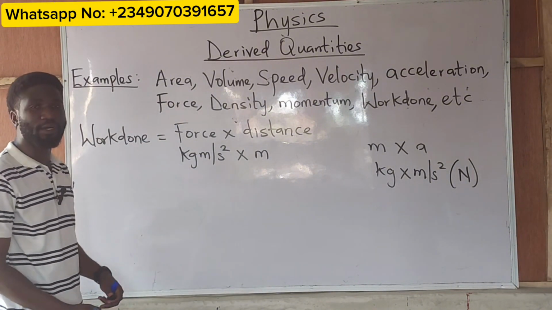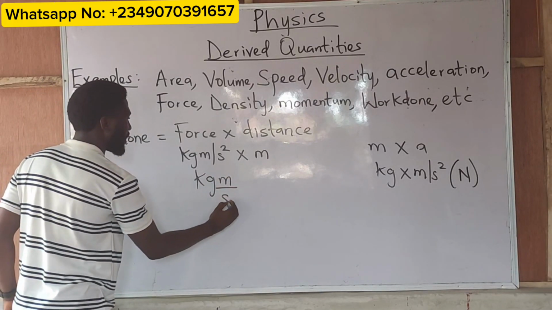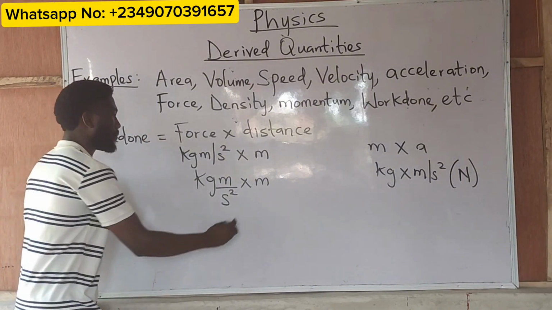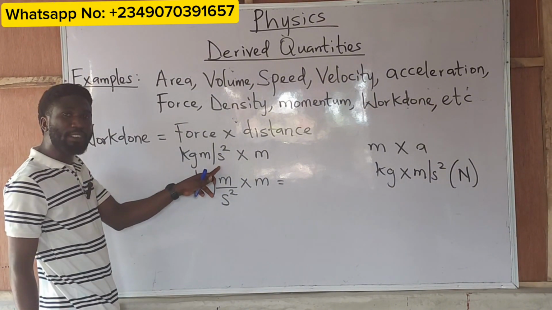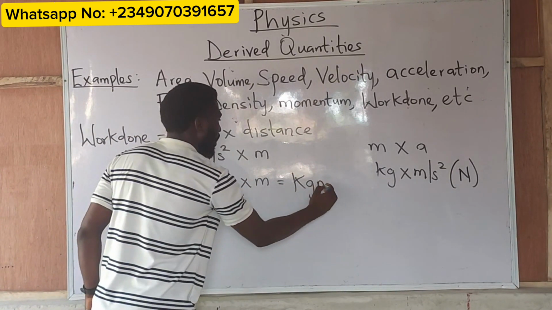So let's work this out. I can have kilogram meter per second square multiplied by meter. So let's multiply kilogram multiplied by meter multiplied by meter.